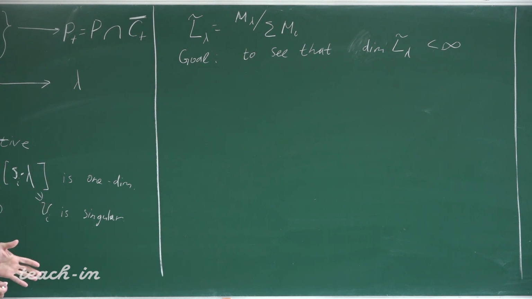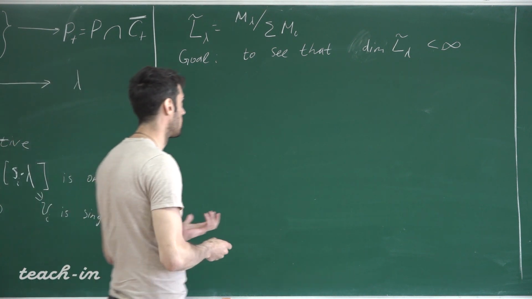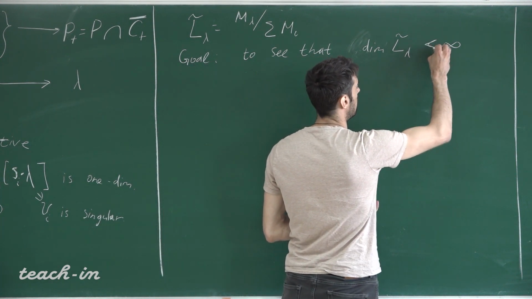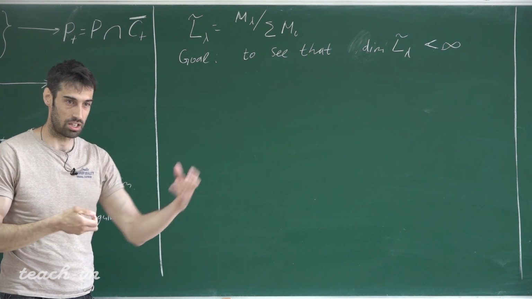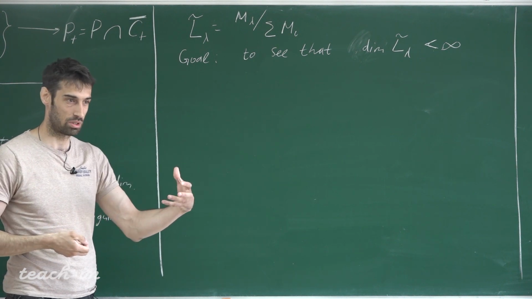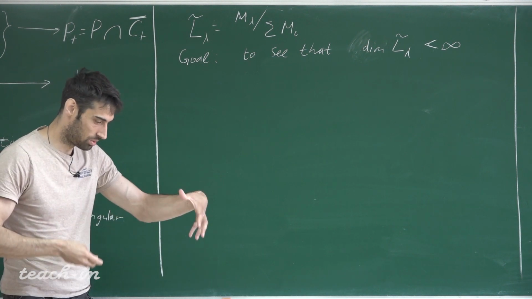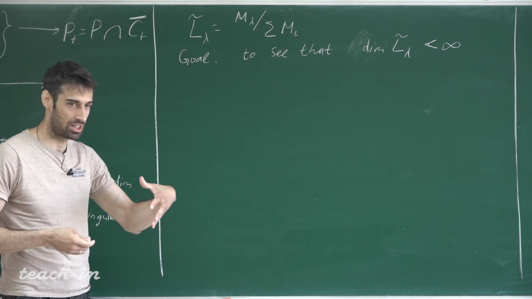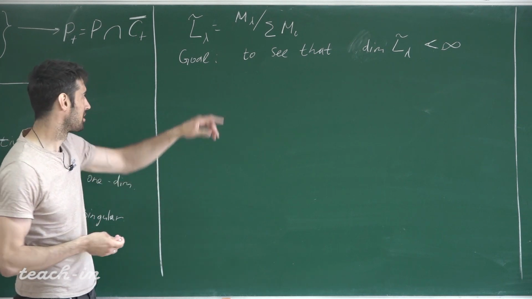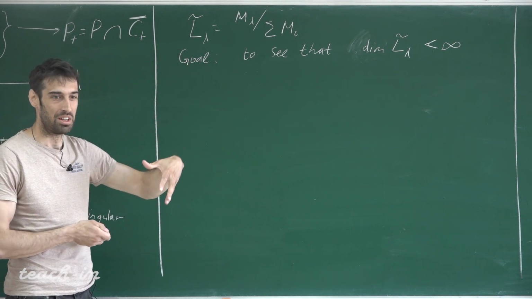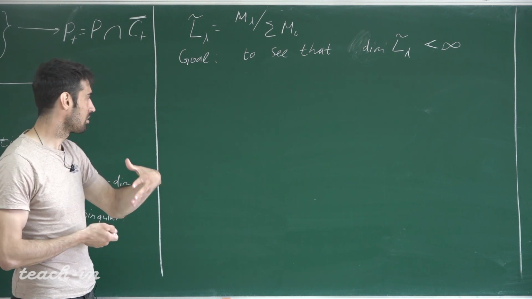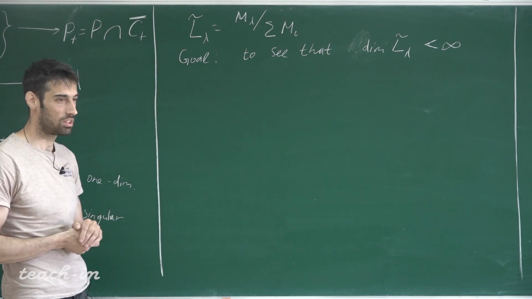Because if it's finite dimensional and it has highest weight lambda, then you actually can decompose it into irreducibles. This highest weight will be in one of the irreducibles, and this irreducible, which actually it's not a secret, coincides with this L lambda tilde, but that's another exercise that you can do, is then a representation of highest weight lambda.